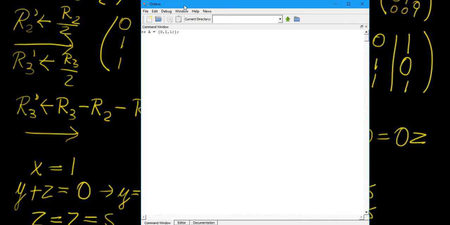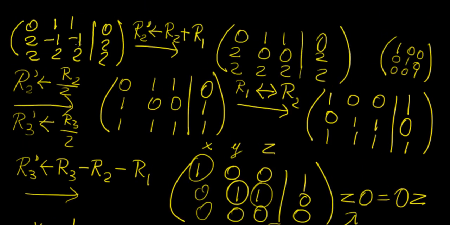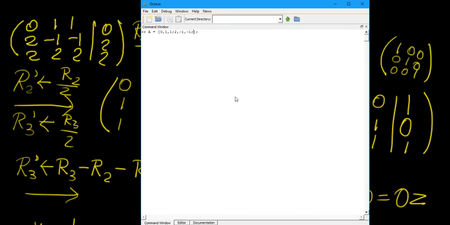Next row is going to be 2, minus 1, minus 1. And the final row is going to be 3, 2, 2. I don't need to put the semicolon at the end. So this should come out as, yeah, that is our matrix here.